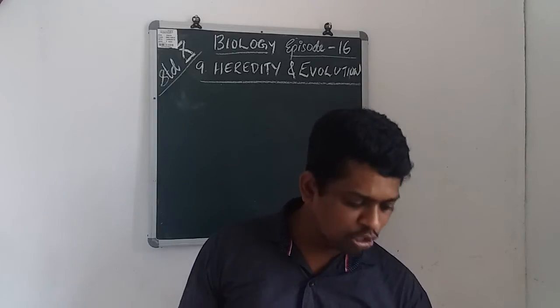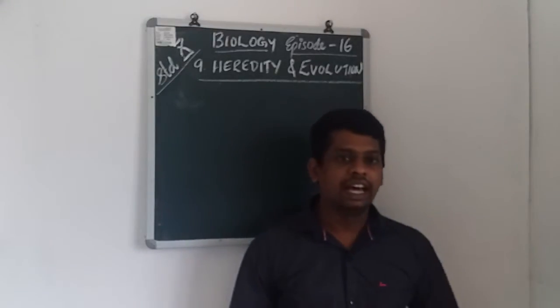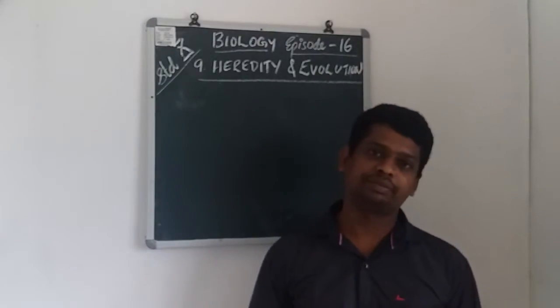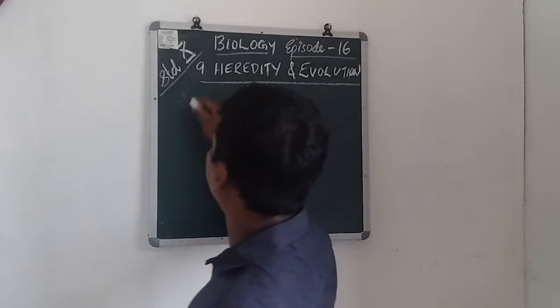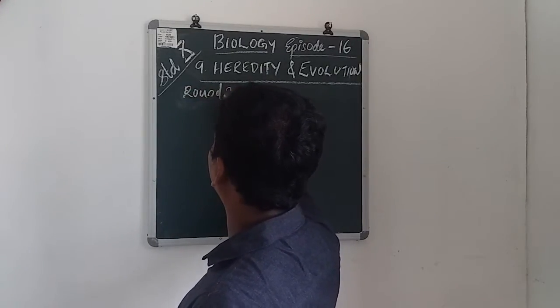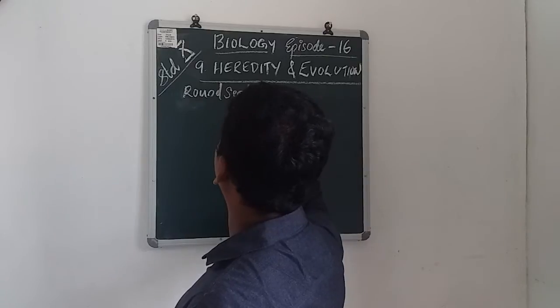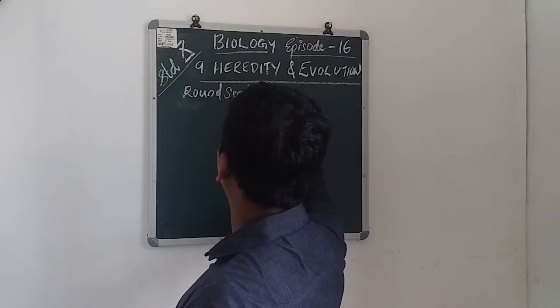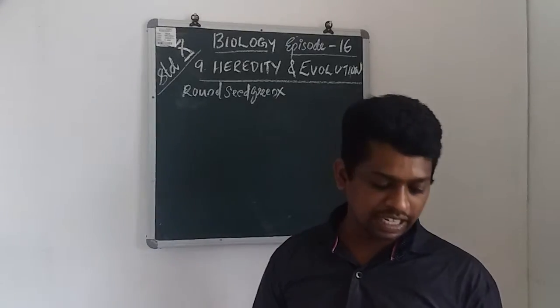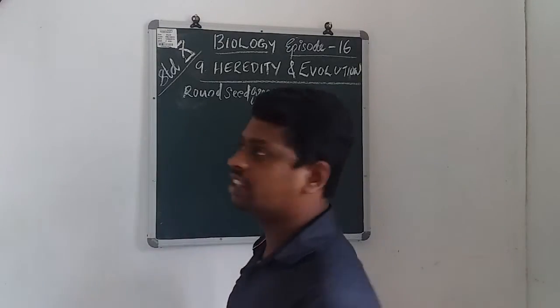The new cross is a round seed with green color, and wrinkled with yellow color.